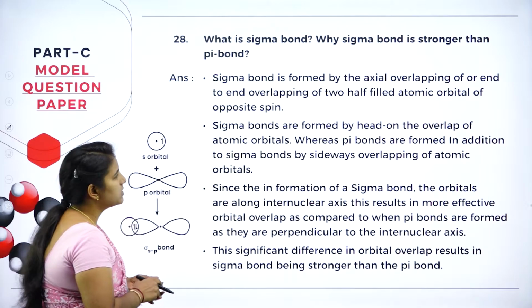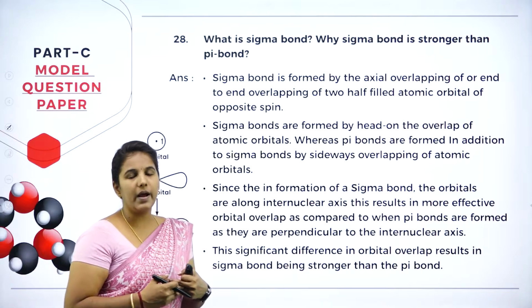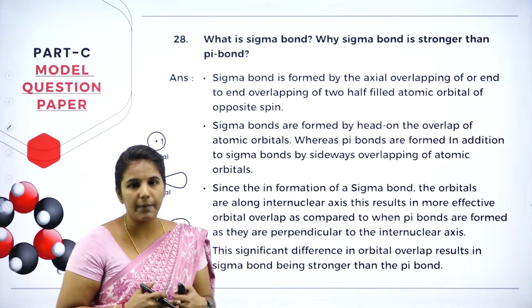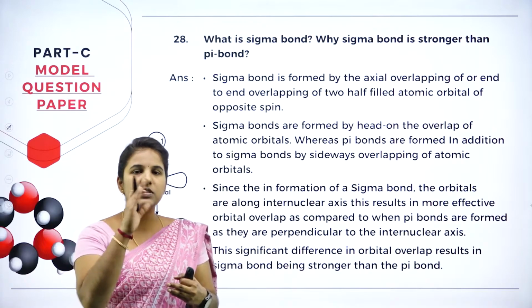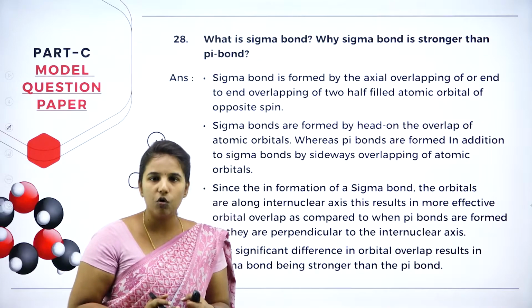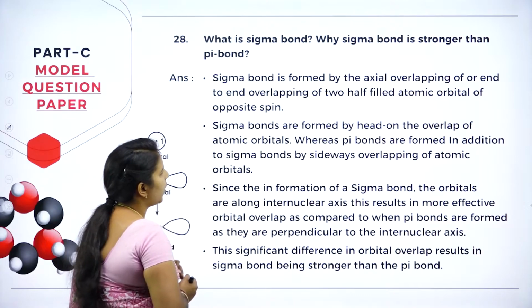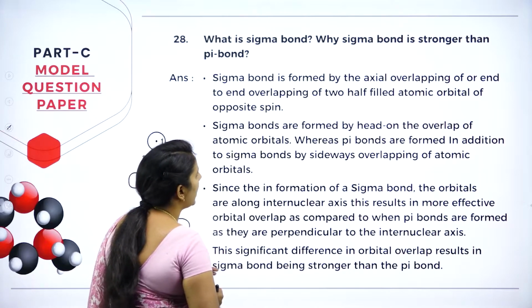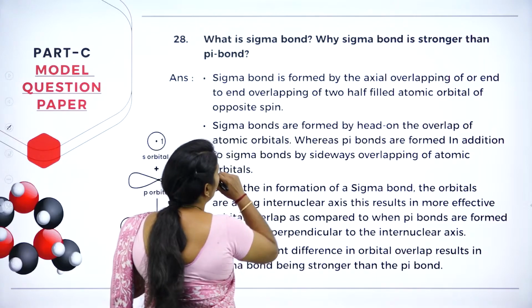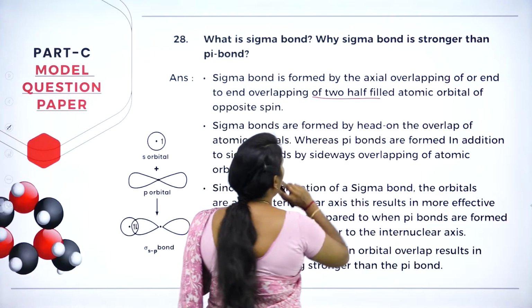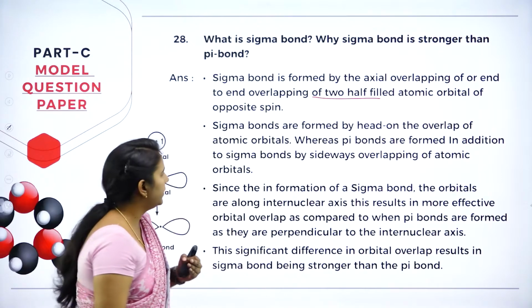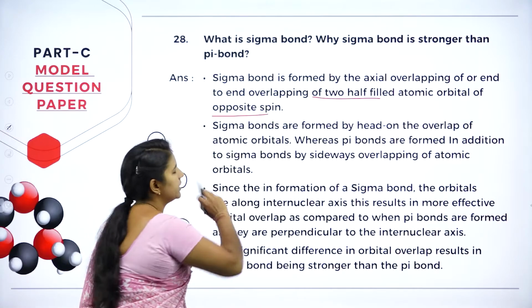So sigma bonds, as we know, are formed by axial overlapping, whereas pi bonds are obtained by sidewise overlapping. Sigma bonds are formed by axial or end-to-end overlapping of two half-filled atomic orbitals of opposite spin.